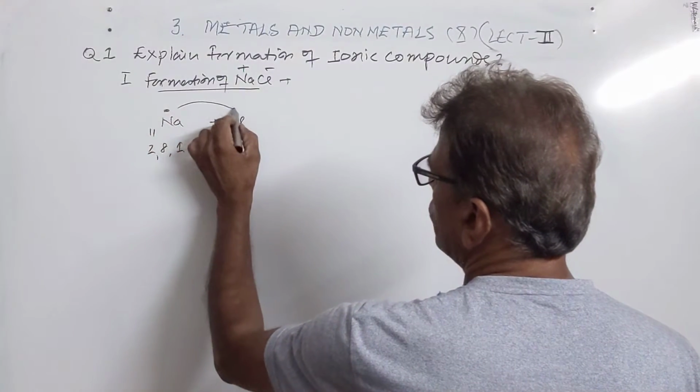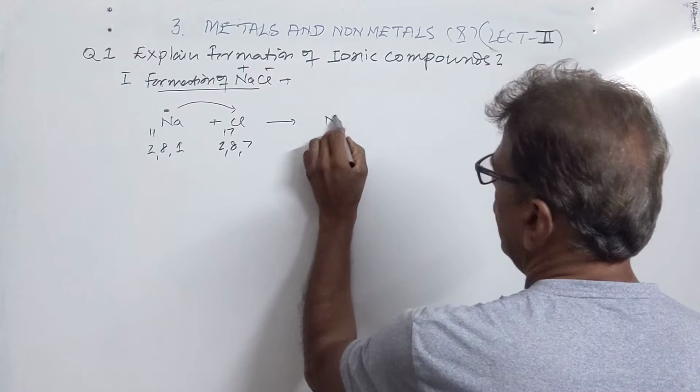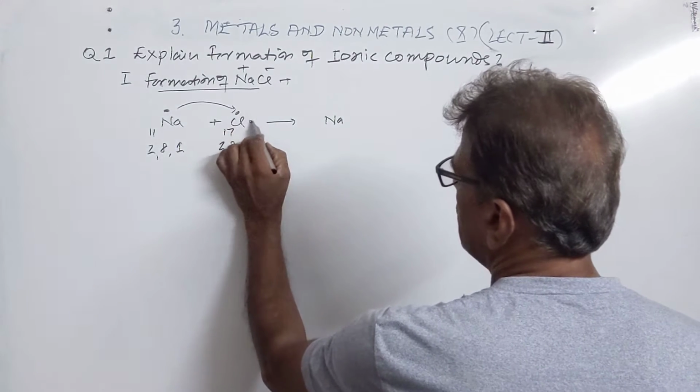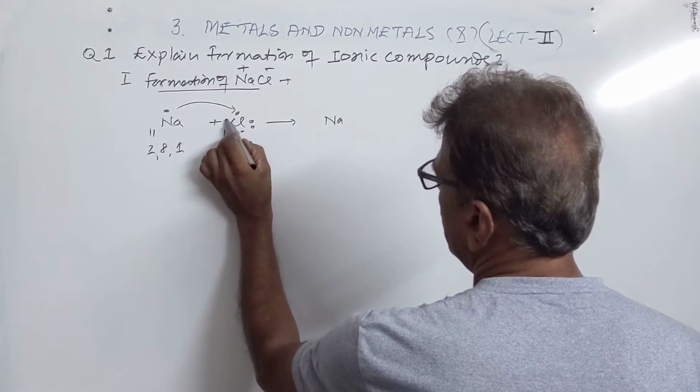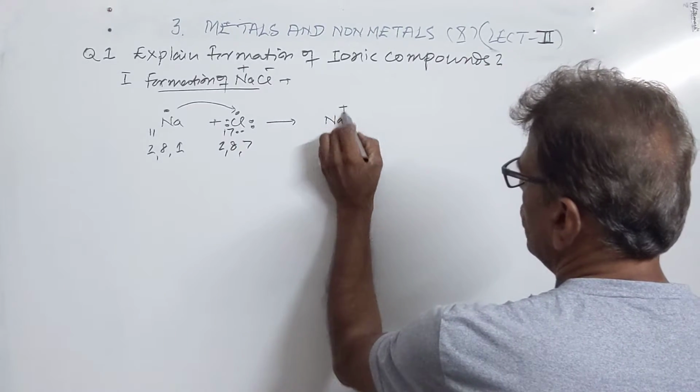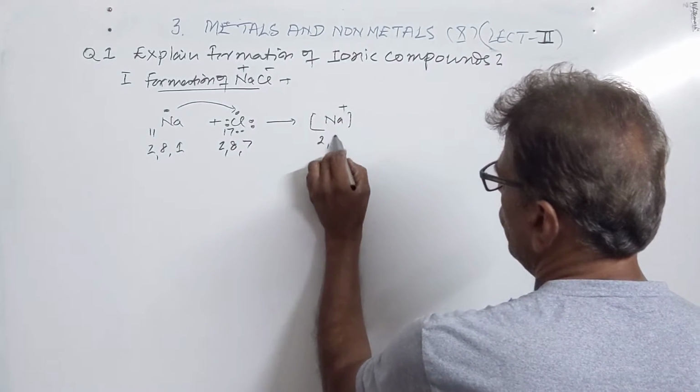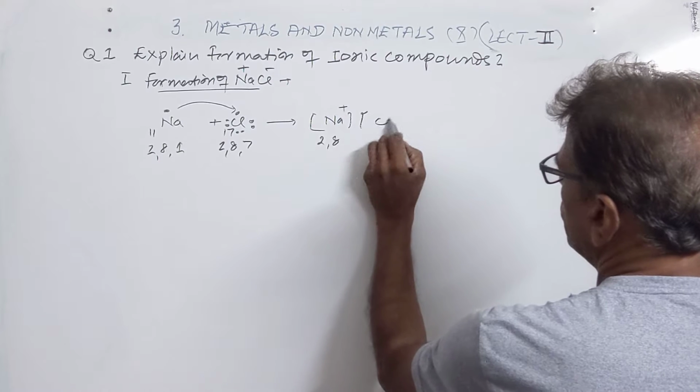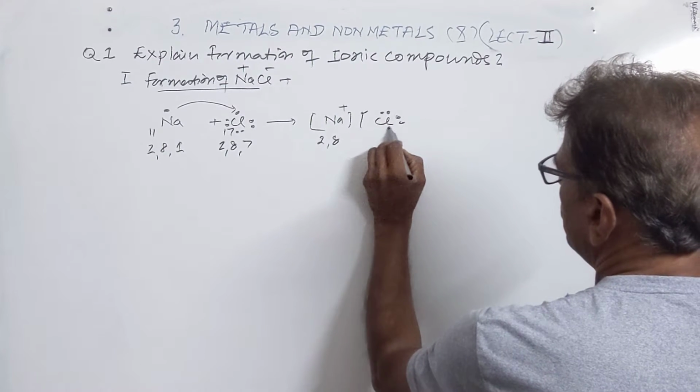Therefore, one electron moves from sodium to the Cl outer shell. It had 7 electrons earlier, and now one electron comes to its shell. Now sodium becomes 2, 8 and Cl becomes 2, 8, 8.